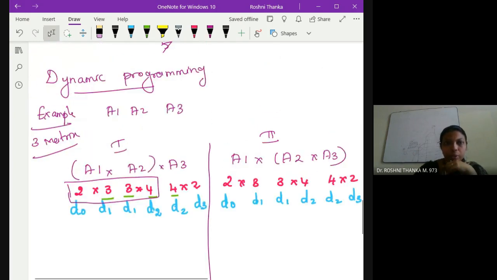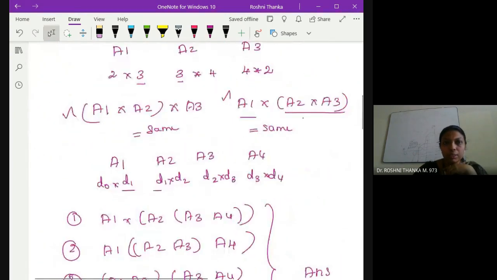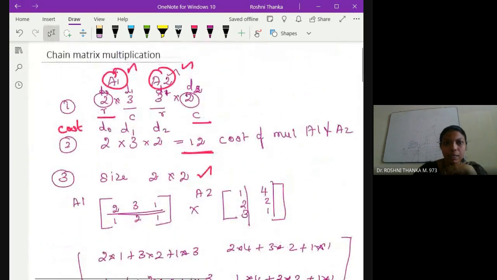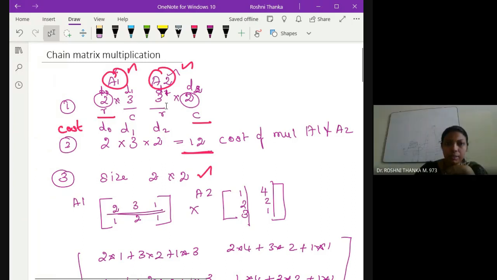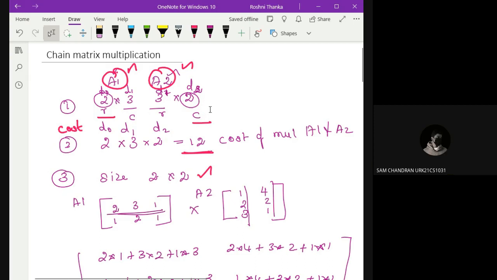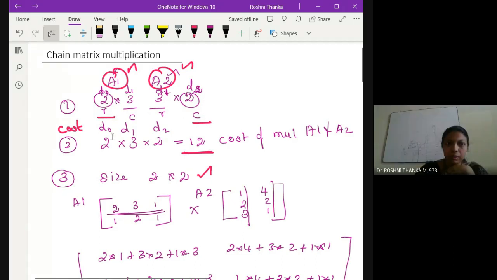I have already taught you. If you want to find the cost of multiplying two matrices, how will you find it? We take the row, and from this you take any one value because this column and row are the same, and then here you take the column. So I'll take 2 cross 3 cross 2.